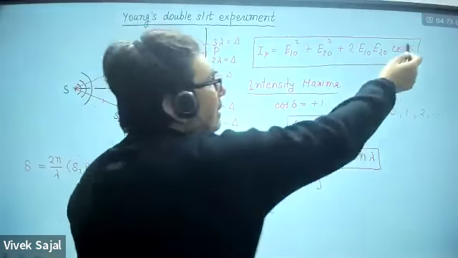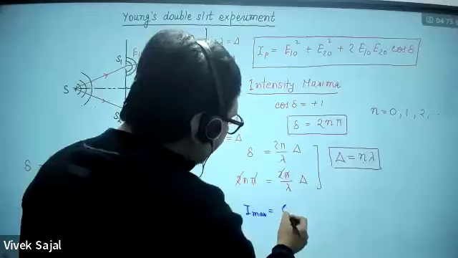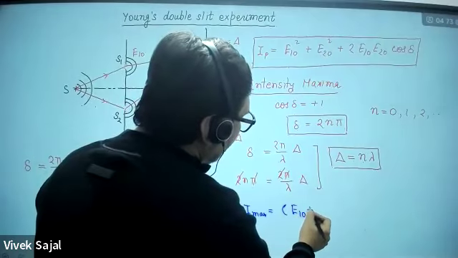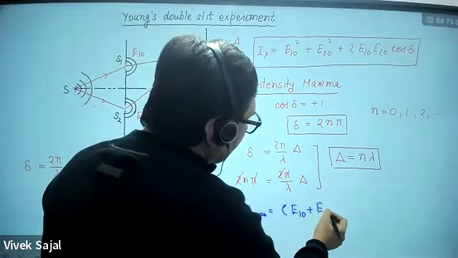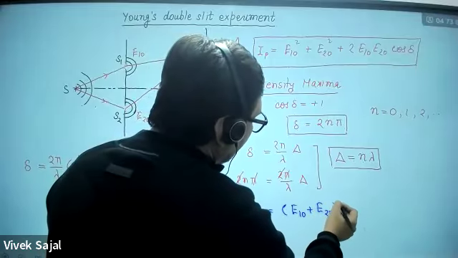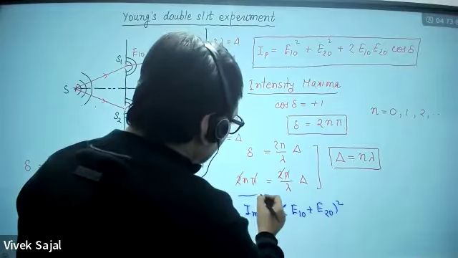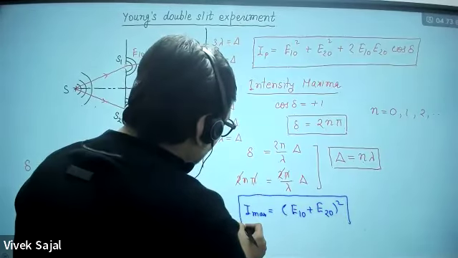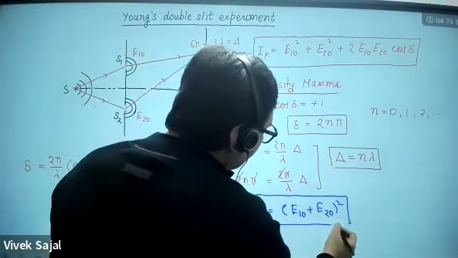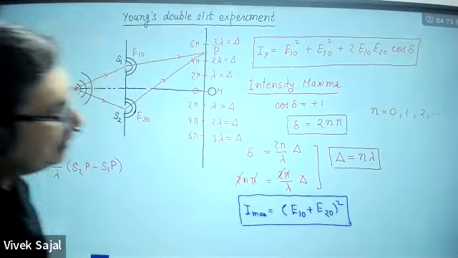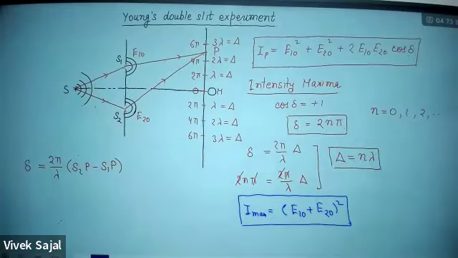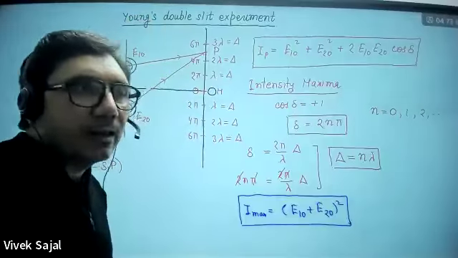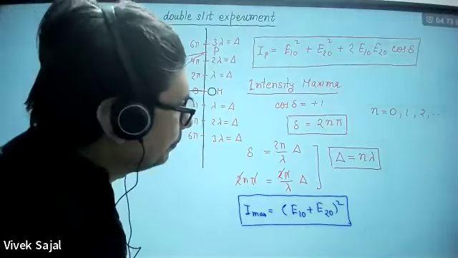If you put cos delta as plus 1, then it will become (E10 plus E20) whole square. This is the formula of maximum intensity. Is it clear to everyone? Yes, sir. Good.